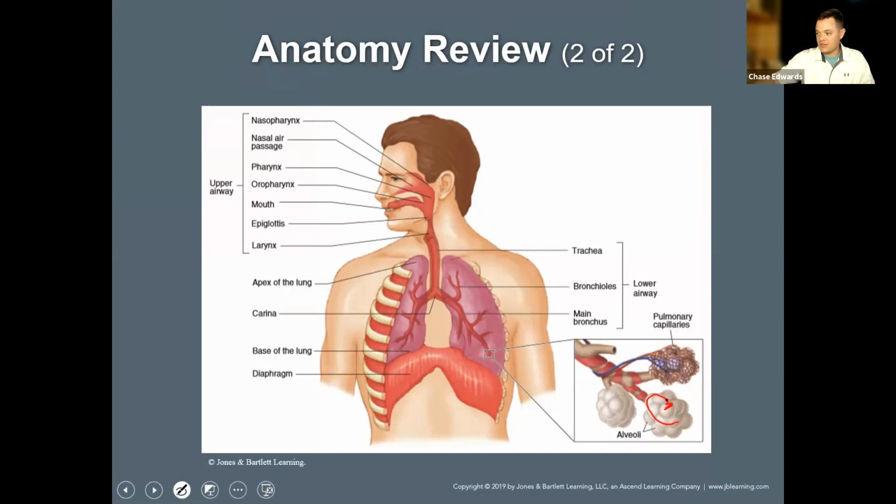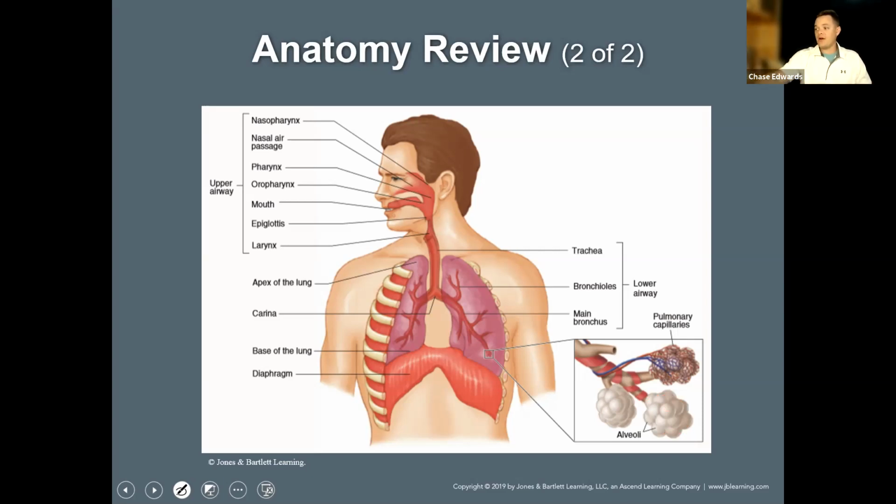This is where the surfactant would be, and that surfactant is what allows the alveoli to move freely. So whenever it inflates, there's no friction or anything like that. It kind of lubes it up. Whenever you have different types of issues or illnesses, that surfactant dries up, and then it grows into other issues such as atelectasis at that point.